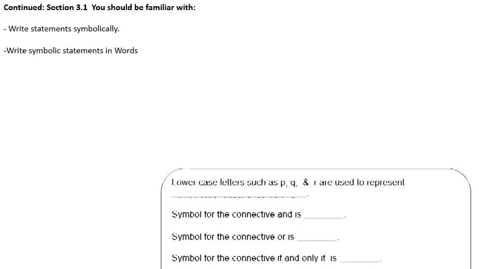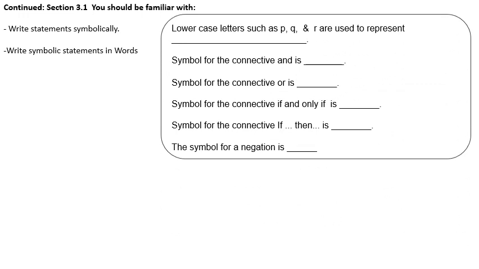Two more things that you need to be aware of entering this video here. One is writing a statement symbolically. That is, you have to keep in mind lowercase letters such as P, Q, and R are used to represent what? Simple statements. Okay? The symbol for the connective and is given by this symbol.